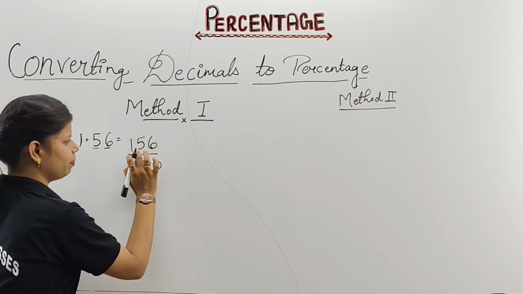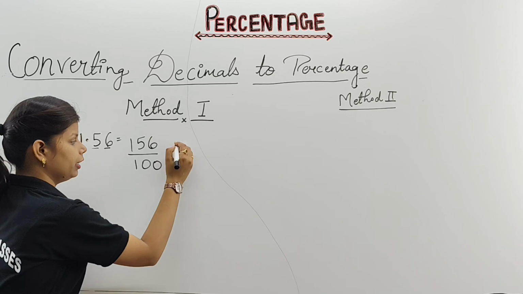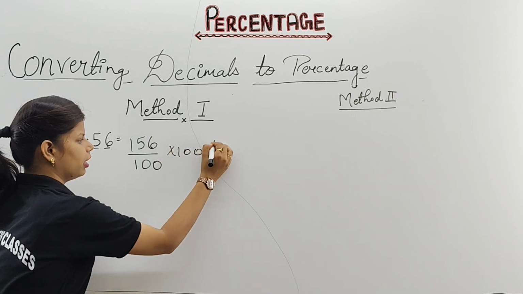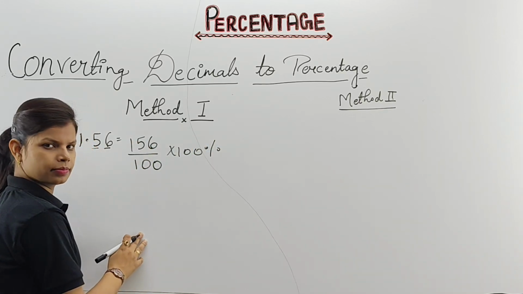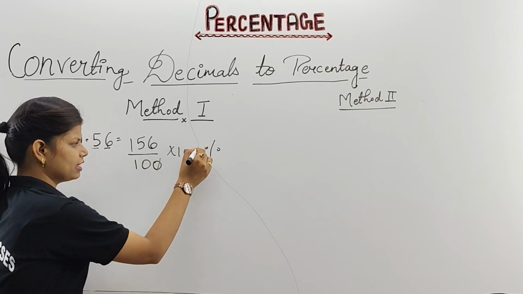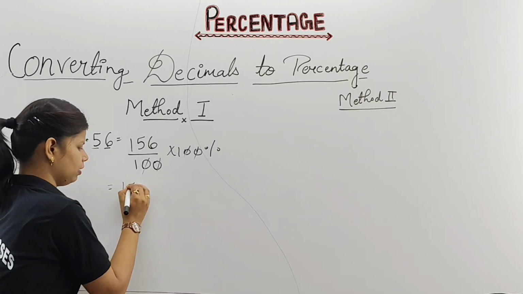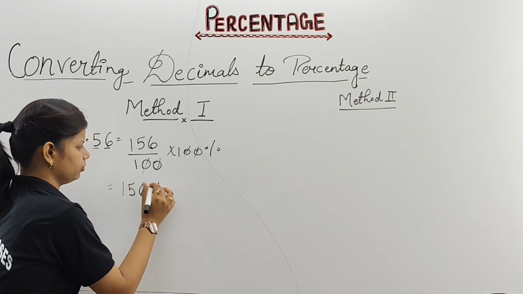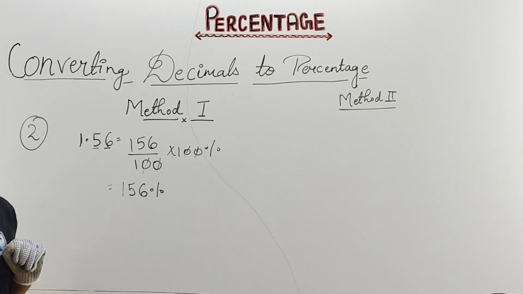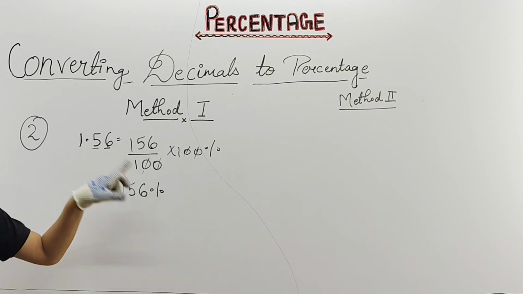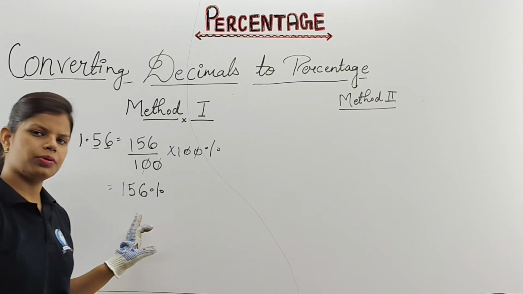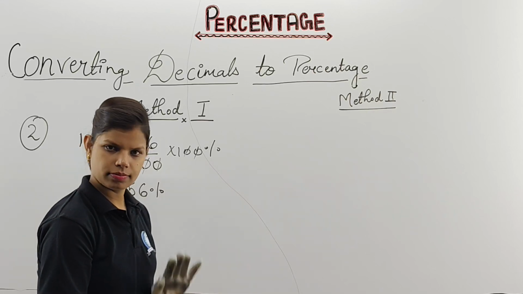After putting 0s, we will replace the decimal from the top part, and then we are going to multiply with 100%. Same method, the 100 is cancelled with this one, the other is cancelled with this one. 156% we are getting for 1.56. 1.56 is our decimal, and in percent we write 156%.